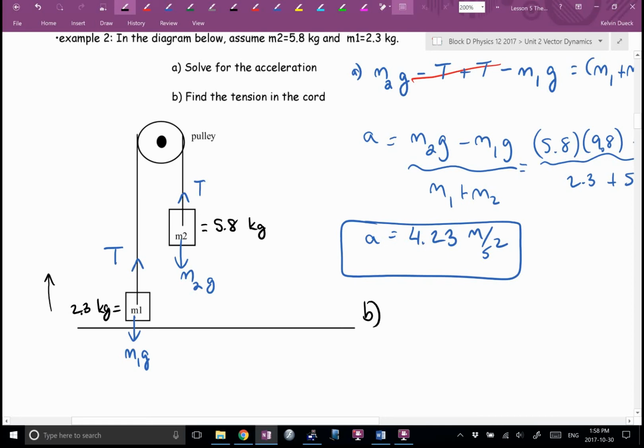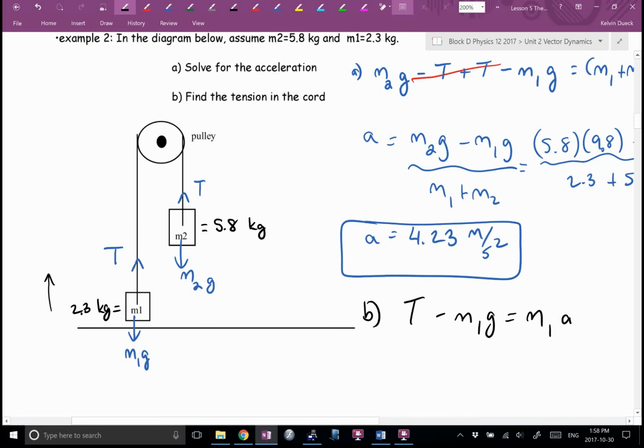Up. Which force is pointing up on the left side? M1G is pointing up on the left side? Which force is pointing up? You're way overcomplicating this. You're experiencing some tension right now. Tension is the winner here, and my equation is going to be tension minus M1G equals M1A.